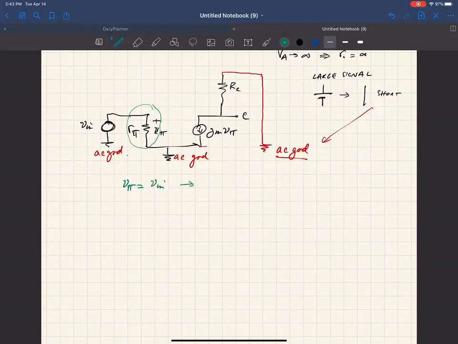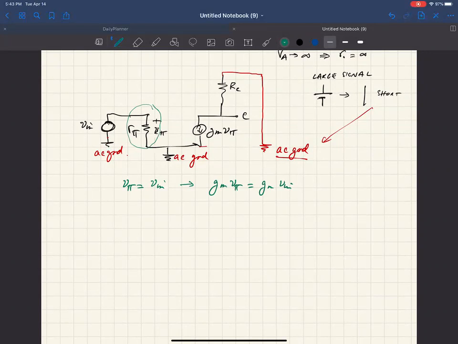And then g sub m V sub pi is equal to g sub m V in.